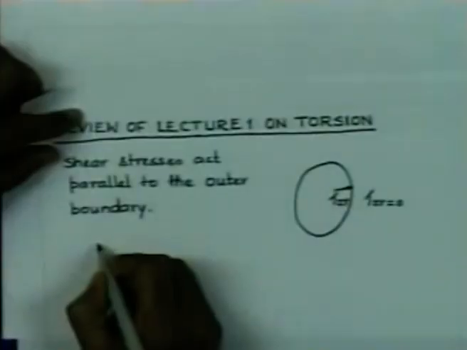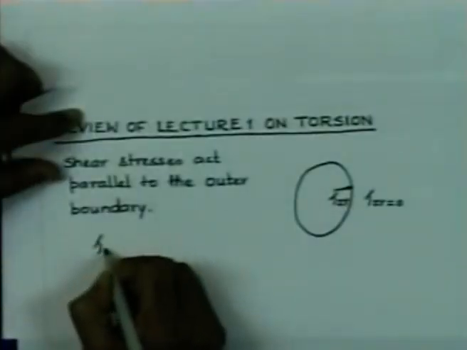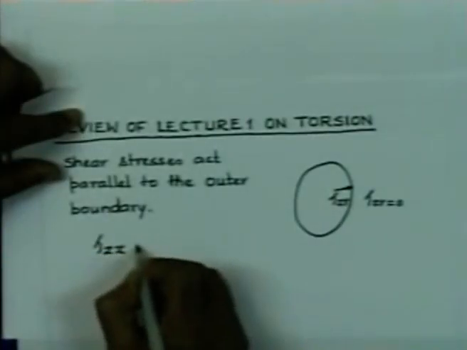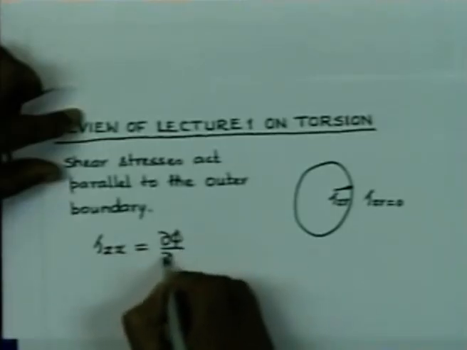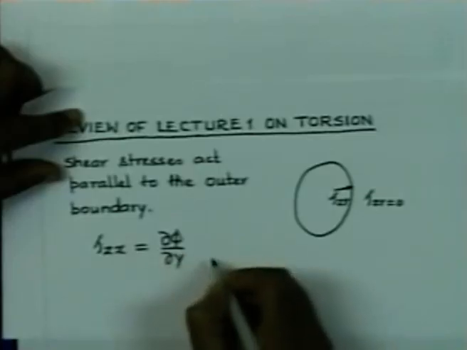We have also introduced the Prandtl stress function, and this Prandtl stress function phi was defined such that tau zx stress is given by the slope of the phi surface with respect to the y direction.